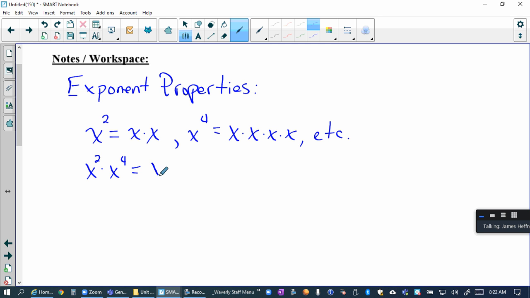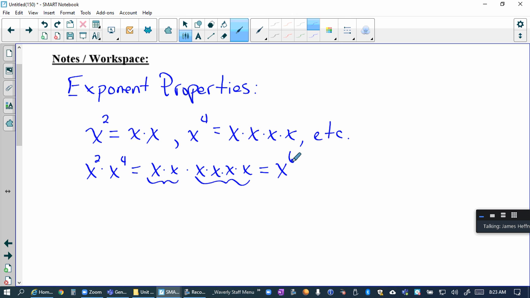Well, the x squared is x times x, right? Times x times x times x times x. So here's our x squared and our x to the fourth. And what's the result of that? X to the 6th power. Okay.